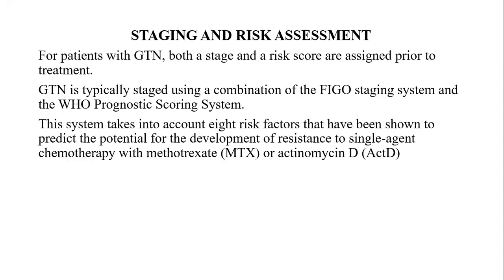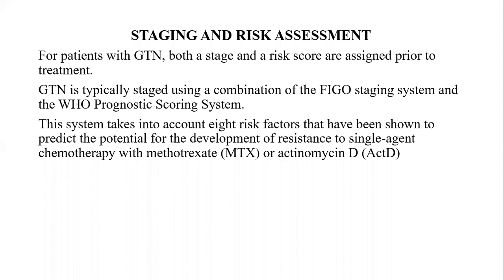So prior to initiation of treatment, you need to stage and also do risk assessment. For GTN patients, we use a combination of the FIGO staging system and also the WHO prognostic scoring system.